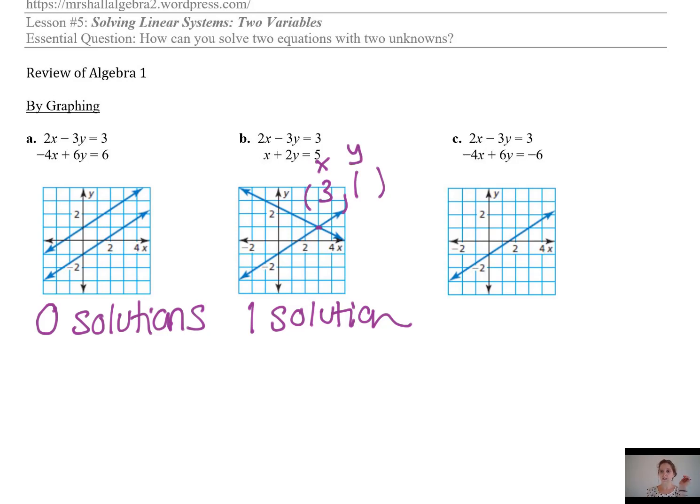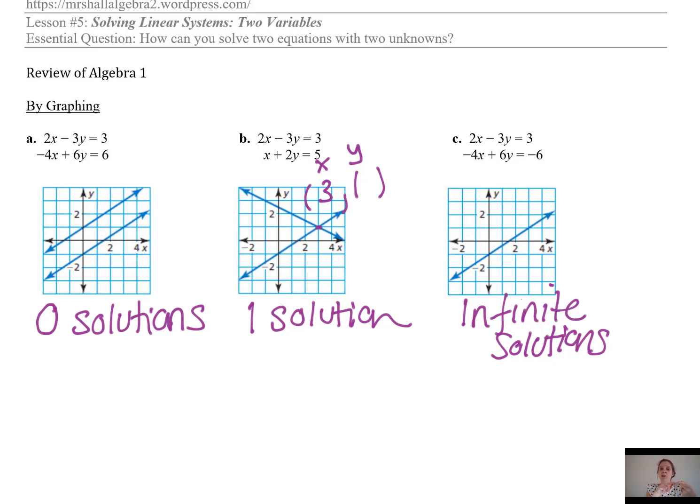And for C, we graphed both of those equations, and they were 2 lines, one on top of each other, which means that there are infinite solutions. They intersect at every single point. They line up exactly on top of each other.